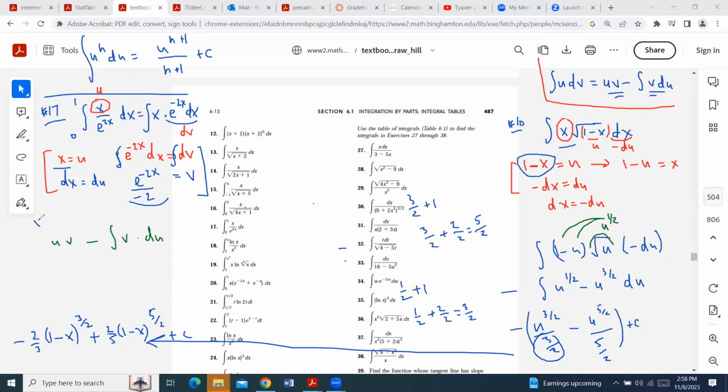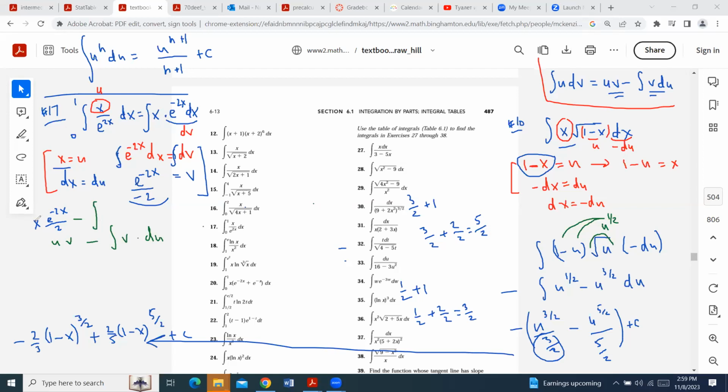So x is multiplied by negative 1/2, or you could just put it the way it is, e to the power of minus 2x over negative 2. The first product. Now the second product will be with a minus sign. And now we're going to integrate.